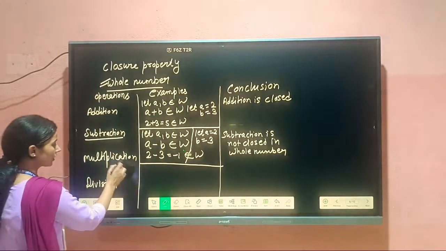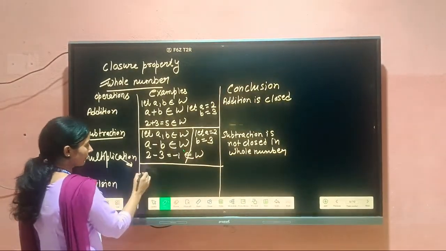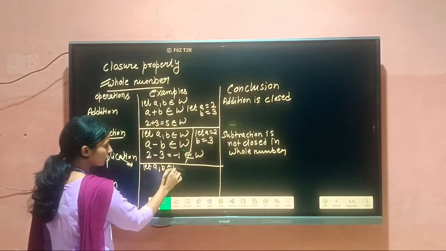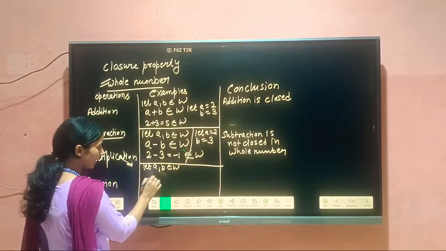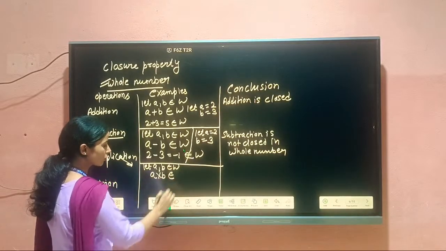Okay. Now further, under operation multiplication we are going to check. Same: let two numbers A and B belong to whole numbers. If I multiply them, A into B, then again my answer must belong to whole numbers.